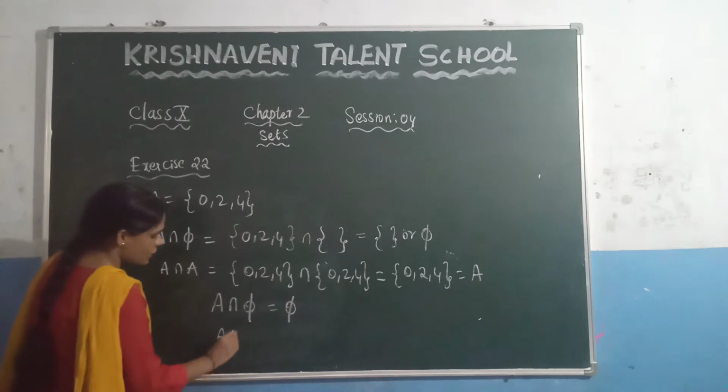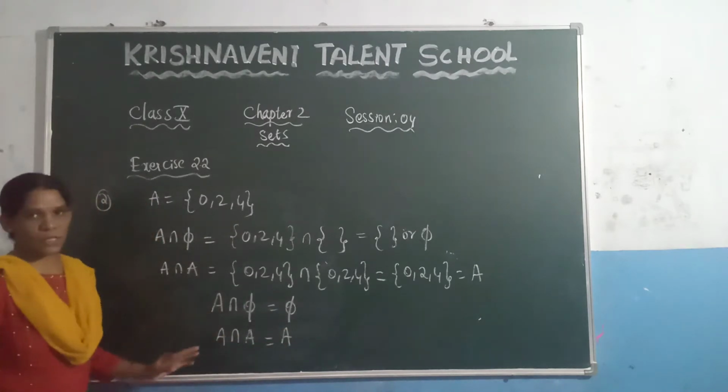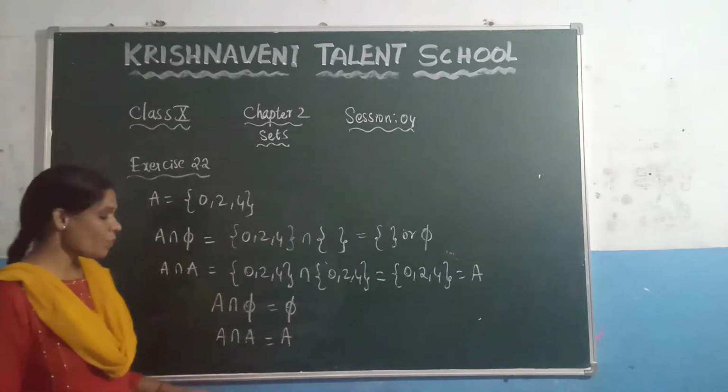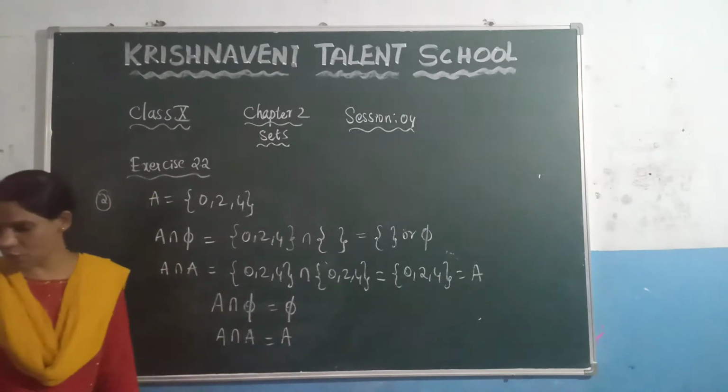Similarly, A intersection A is equal to A. This one will come in the bits: A intersection empty set is always an empty set, and A intersection A is always A. Now see the third question.